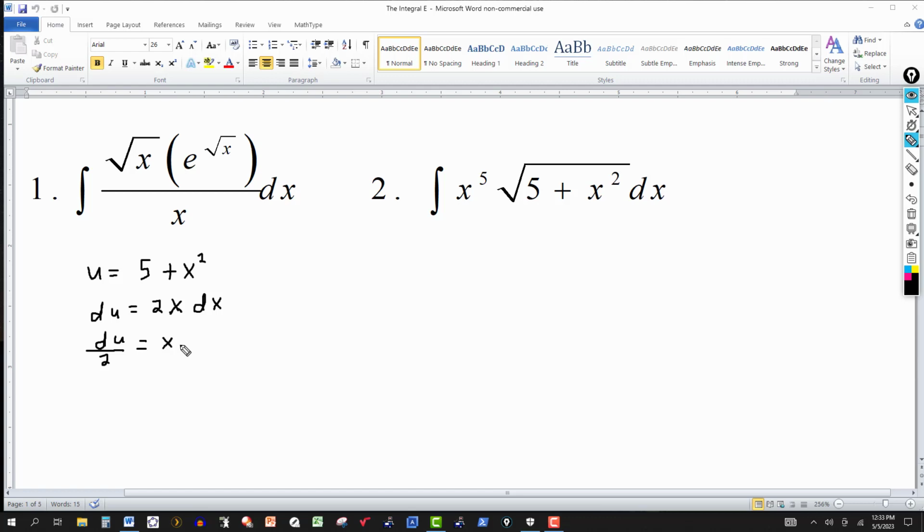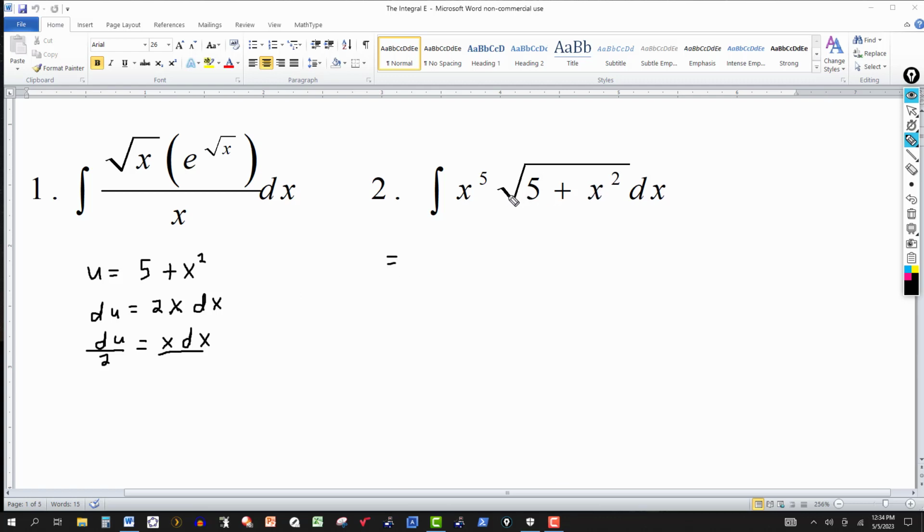I'm looking for substitutions. I've got to take this integrand and make some substitutions so that the integrand is converted to one involving u. So doing this, I can say, okay, x dx can be replaced by du over 2. So let's come over here then.